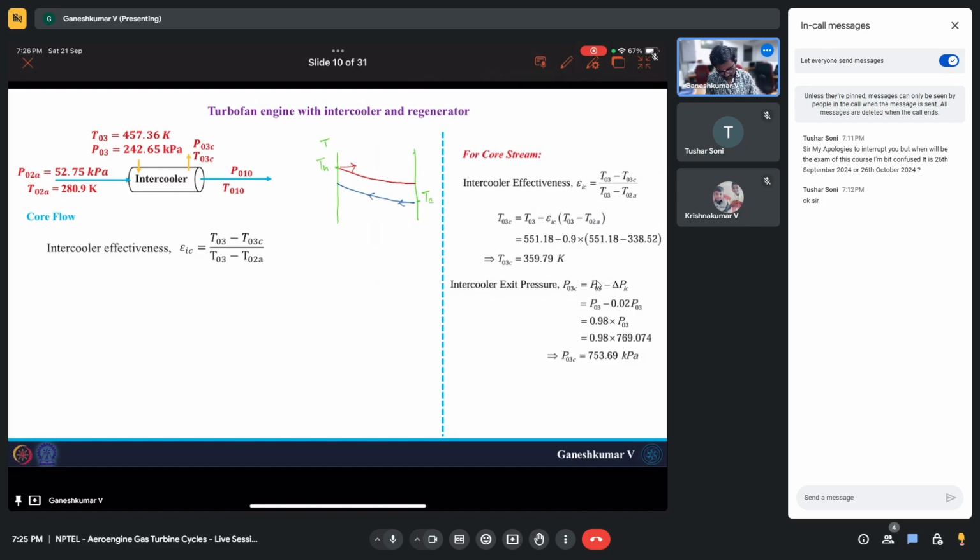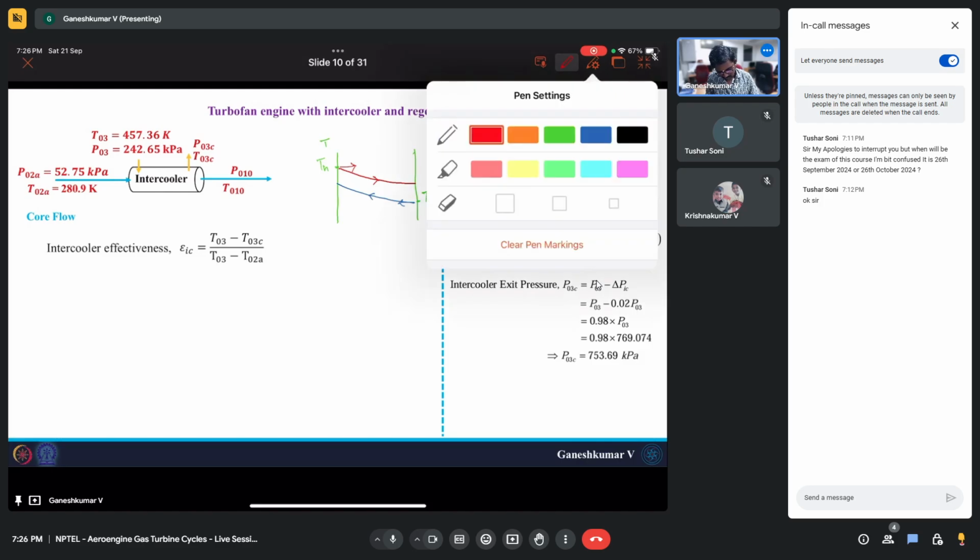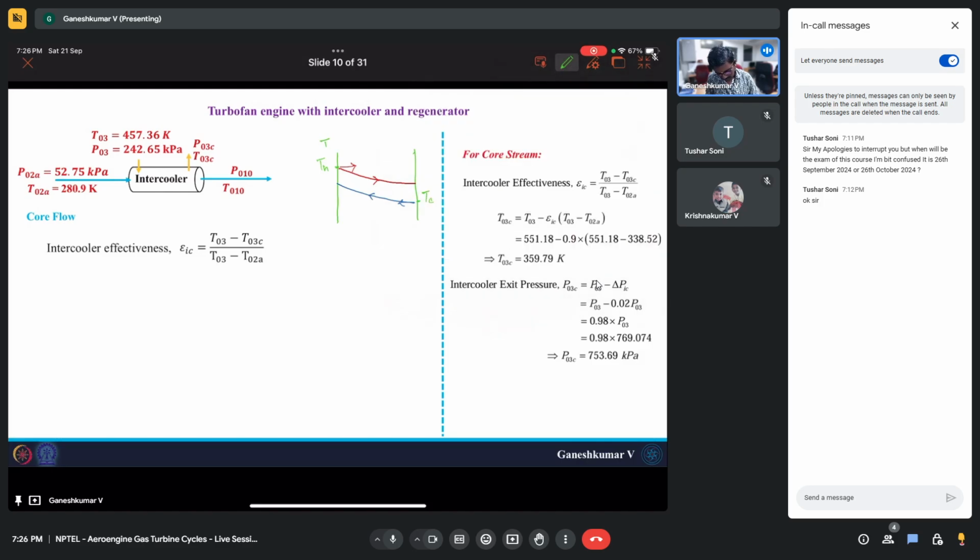So then this will be TH in and this will be TH out. This will be TC in and this will be TC out. Now maximum heat transfer happens when your hot stream, which enters at TH in, leaves at TC in instead of TH out.